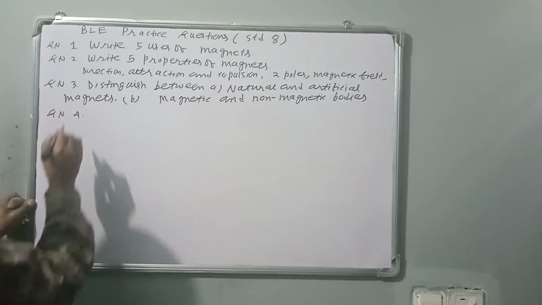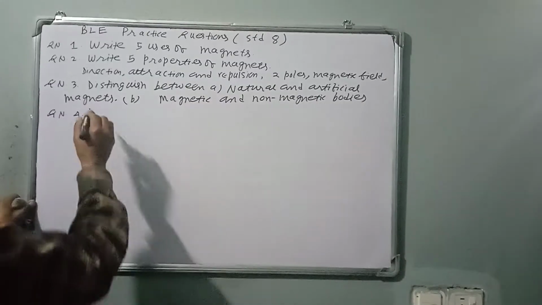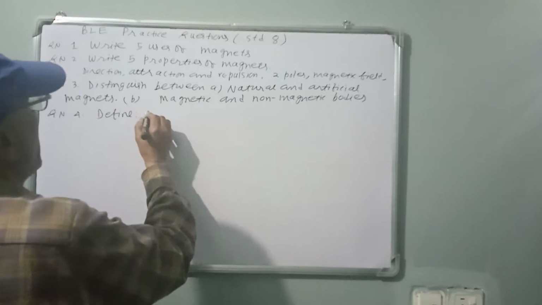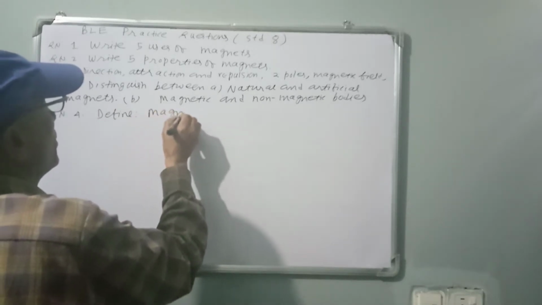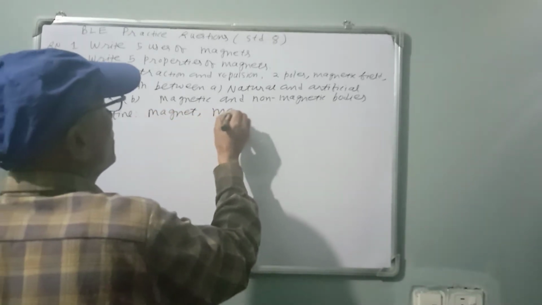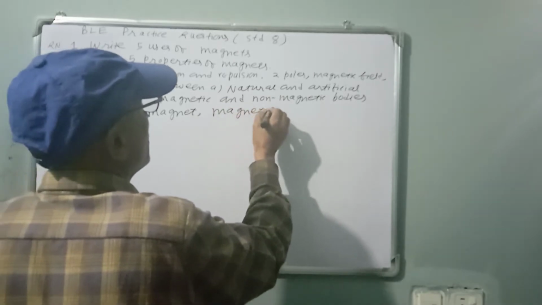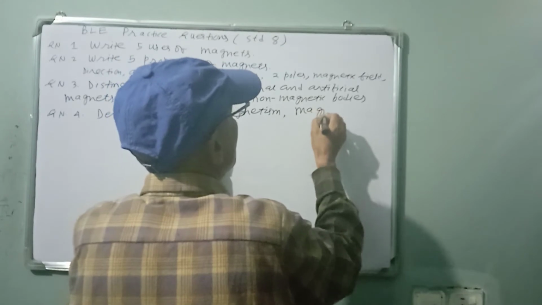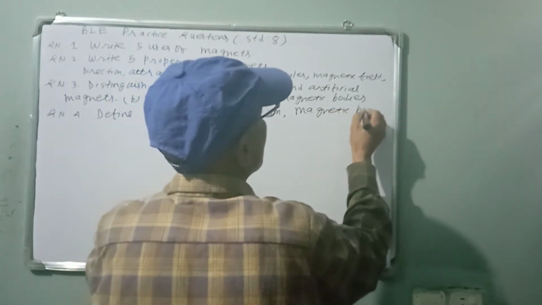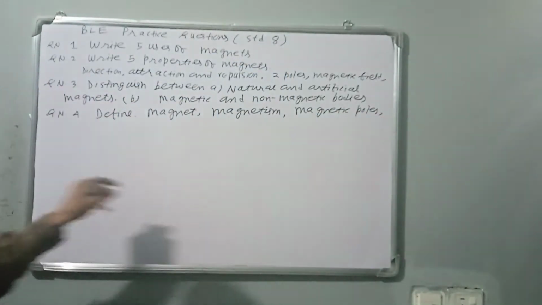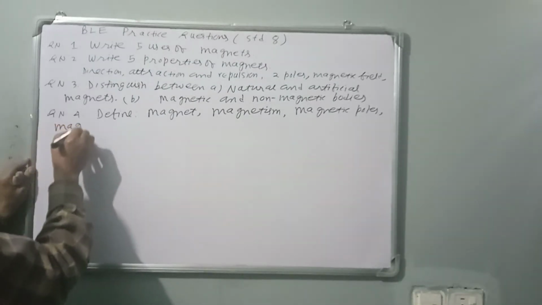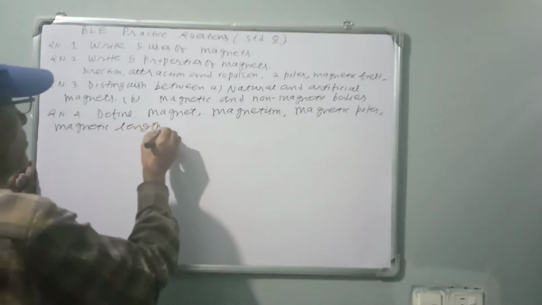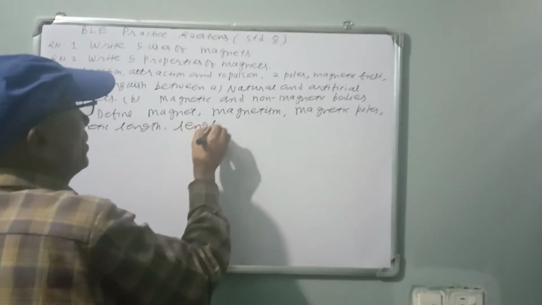Question number 4. Define the following terms: magnet, magnetism, magnetic poles, magnetic length, length of a magnet.